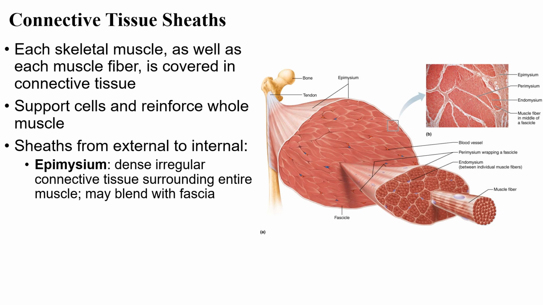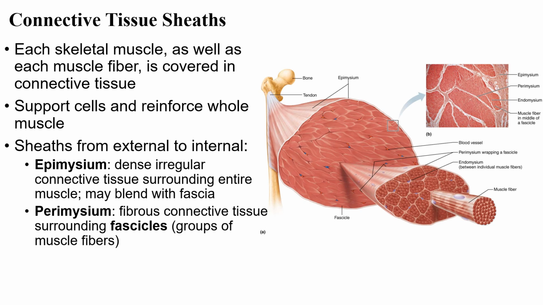So this is kind of gross, but when you think about when you eat kind of chickens or beef or anything like that, you're often going to have kind of the skin, but then under it you're going to have this connective tissue that can kind of blend with the fascia that's going to surround all of this. And so you can kind of see that layer when you're eating the food.